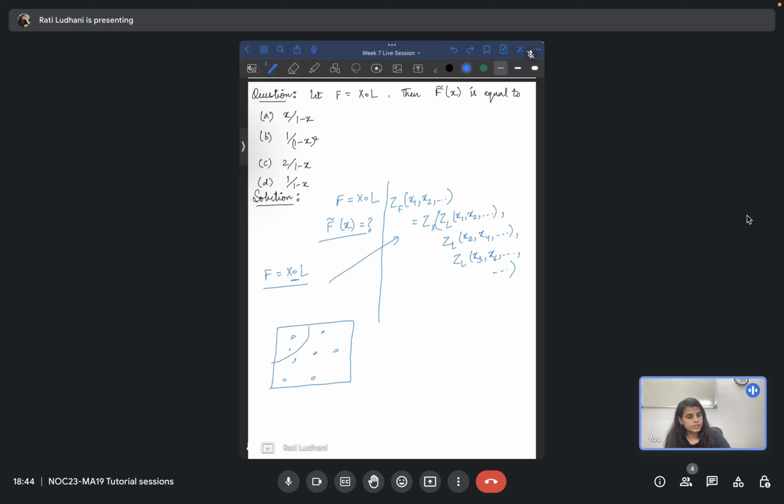For example, this partition, and to each block of the partition you take the structure L. These are like four structures, so you have a kind of rooted thing, four blocks, and over that you apply x.